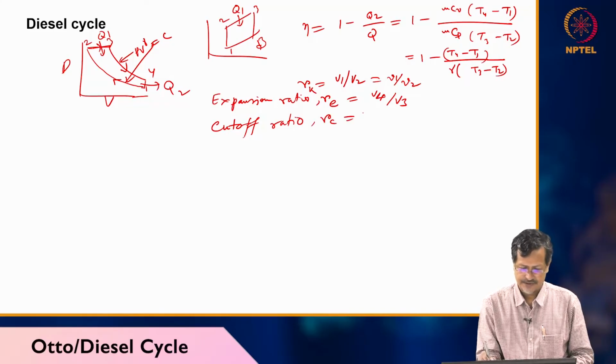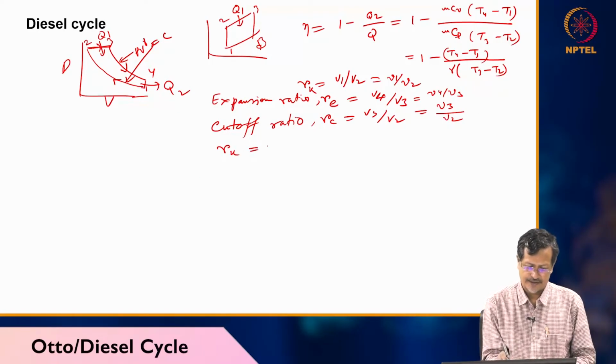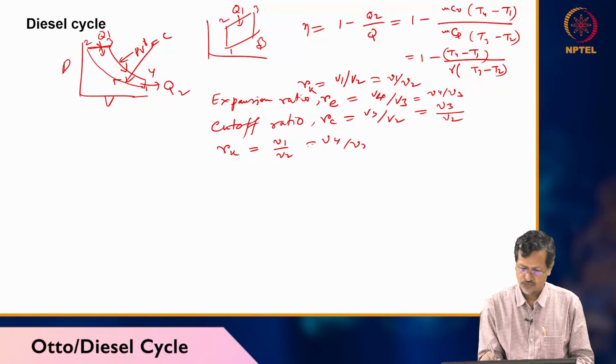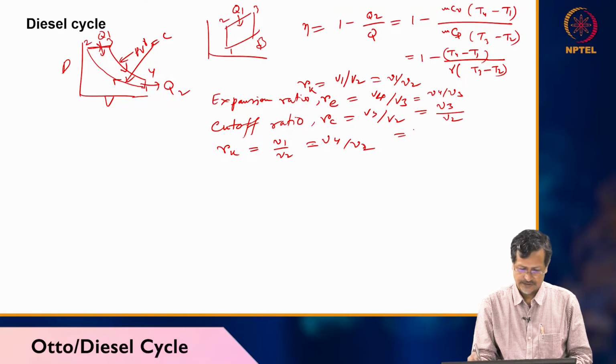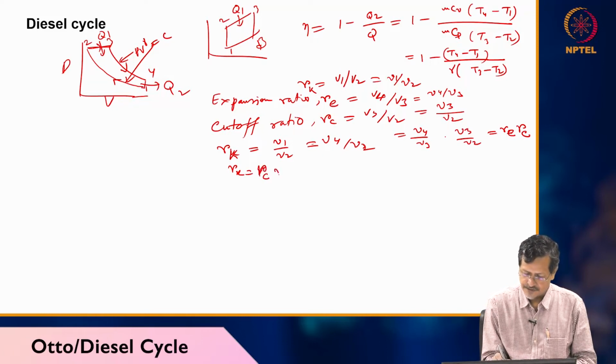Cutoff ratio RC equals V3 by V2. So RK equals V1 by V2 equals V4 by V2 equals (V4 by V3)(V3 by V2) equals RE times RC. RK is related like this: RK equals RC times RE.